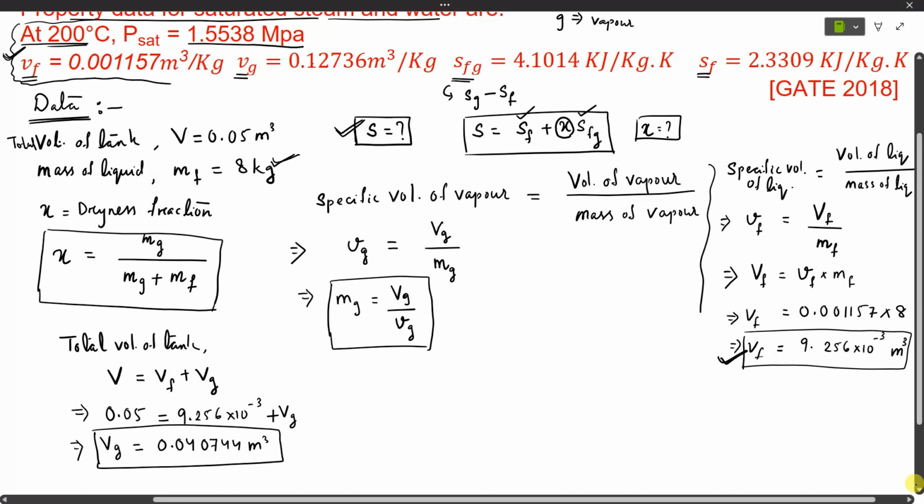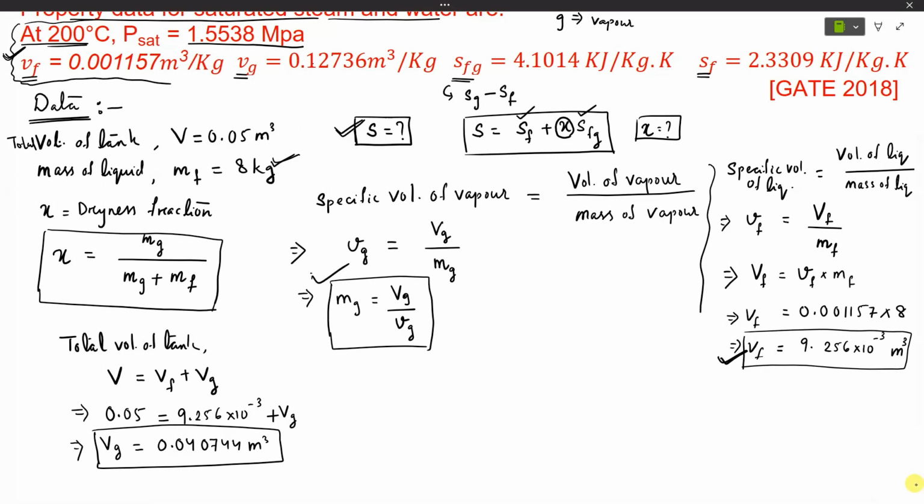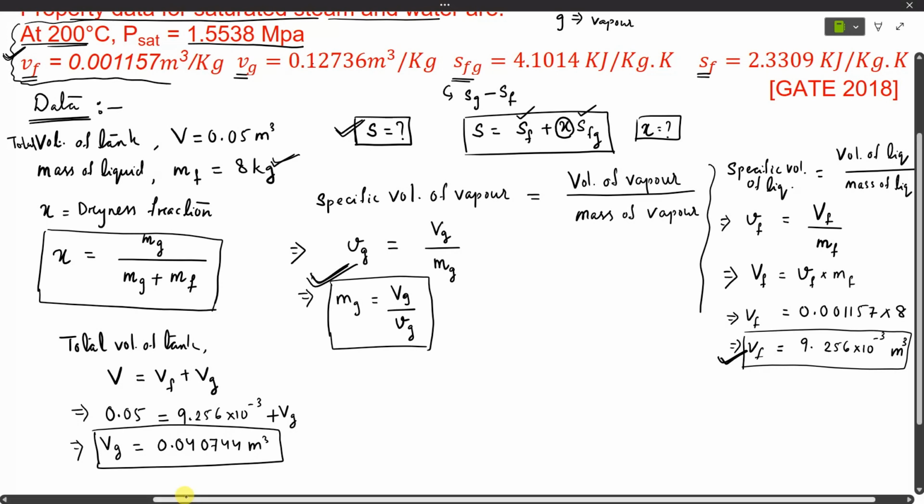So let's substitute this Vg in this expression, that is mg equal to capital Vg by small vg. Simply we have to put here the magnitude of capital Vg and small vg to get the mass of vapor.